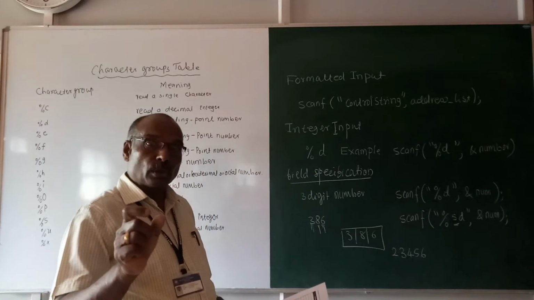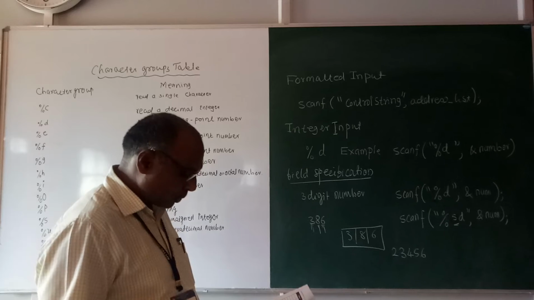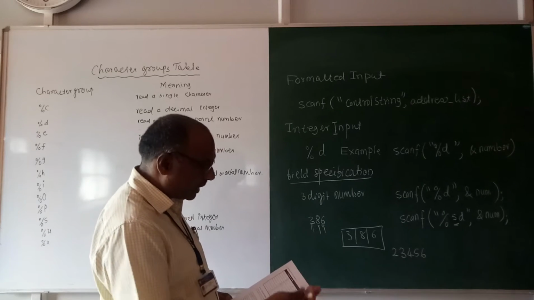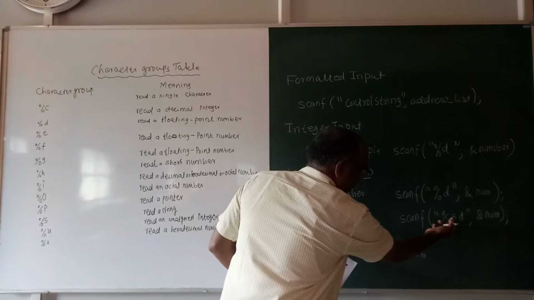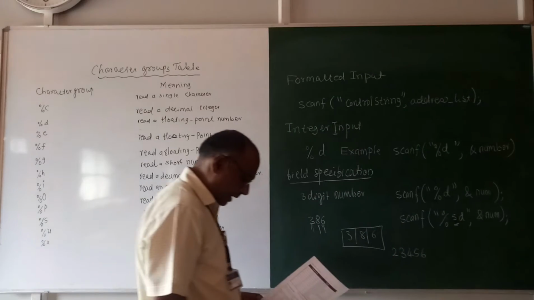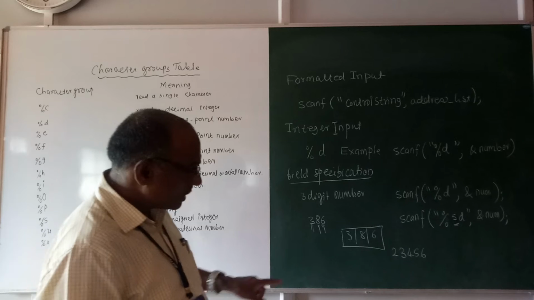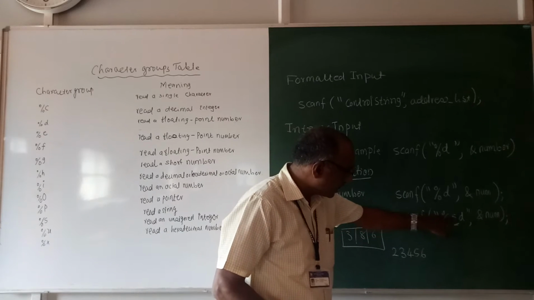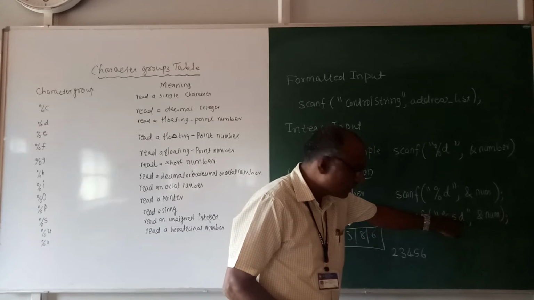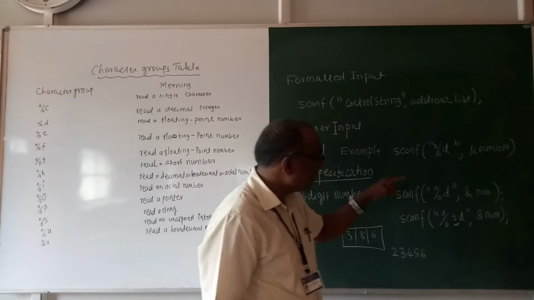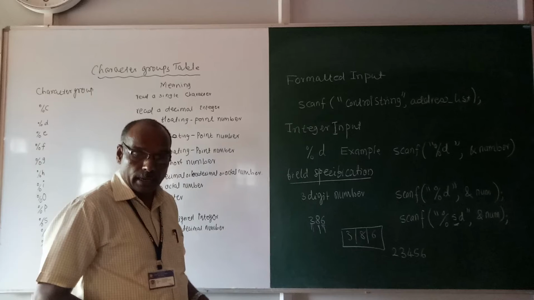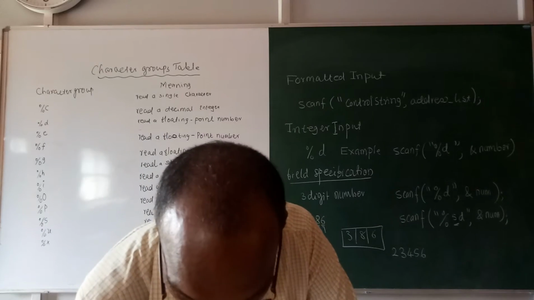This is the width of the input number. If we are going for an 8-digit number, you should write 8d between the percent symbol and the control character letter d, for a decimal integer number.